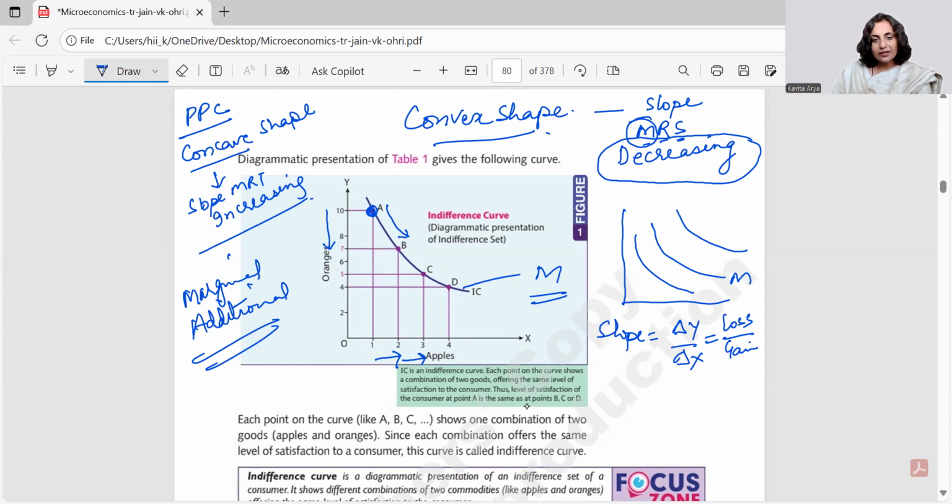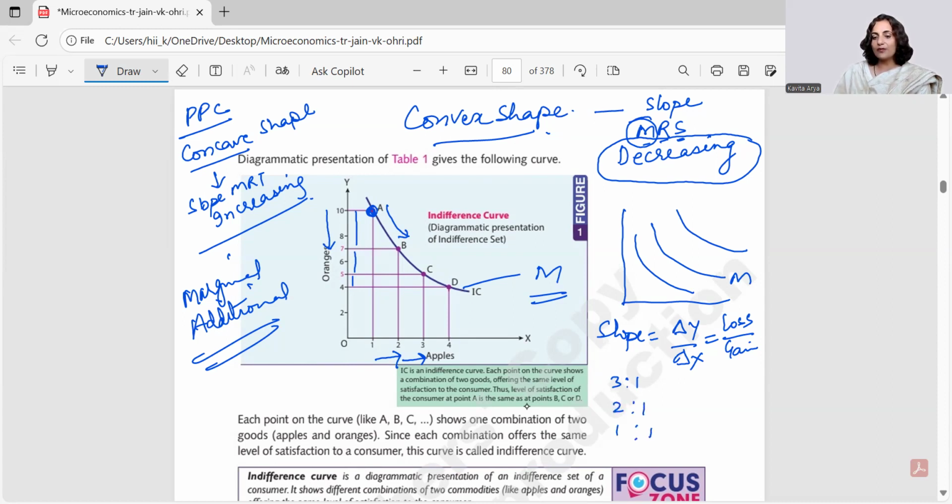So first, the loss is everywhere the gain is 1 unit, 1 unit, and 1 unit, right? What's the loss? Loss is first 3. These are 3 units, then these are 2 units, and this is 1 unit. So point is, when we talk about this MRS, we have 3 is to 1, 2 is to 1, 1 is to 1.